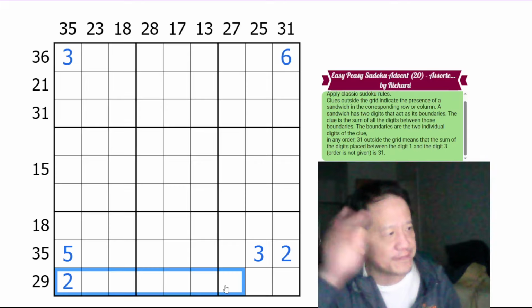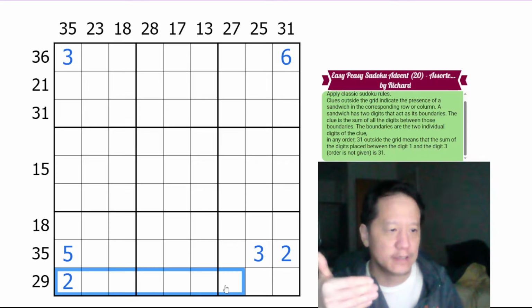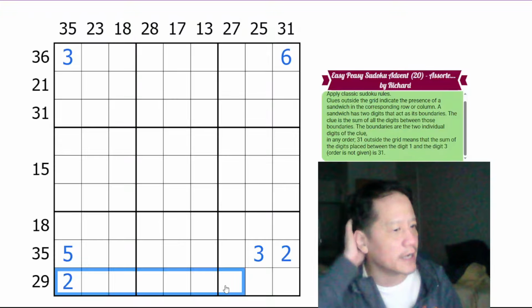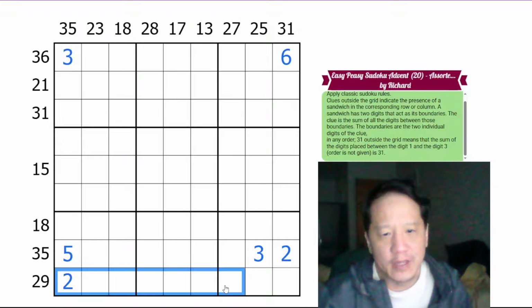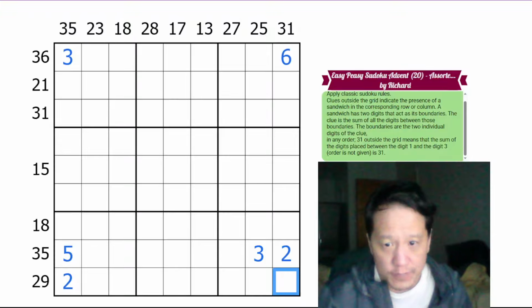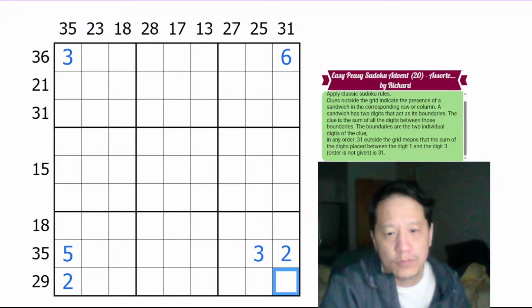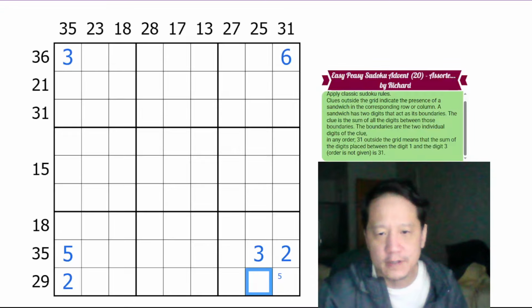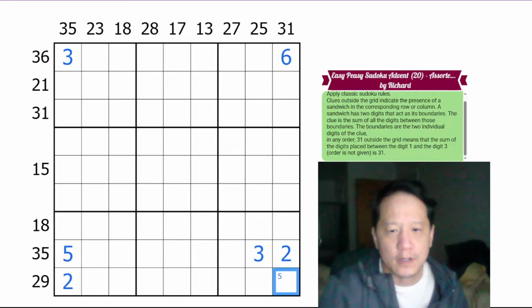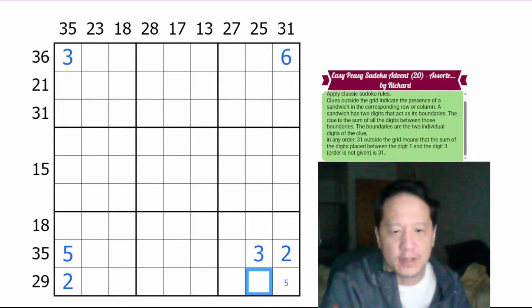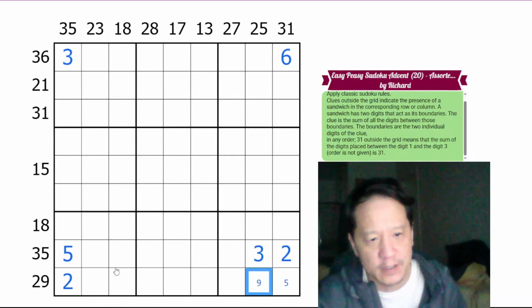That means you have 5 outside the 29. So that means it could be just a 5 here with the 9 being the next digit, right?